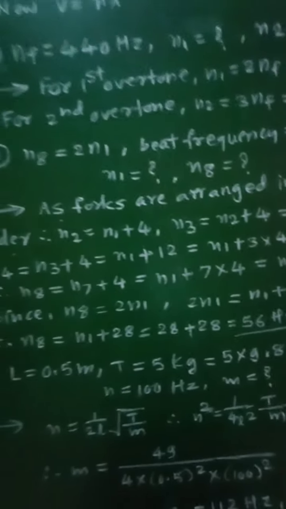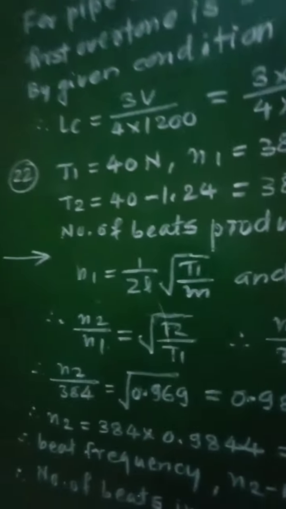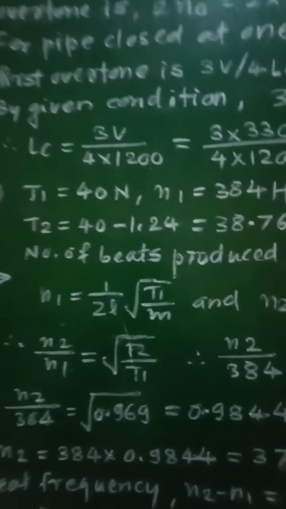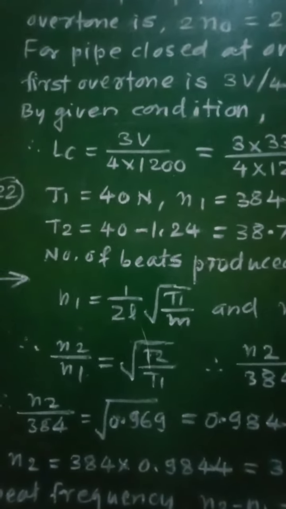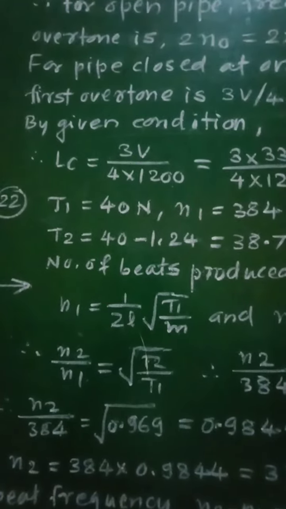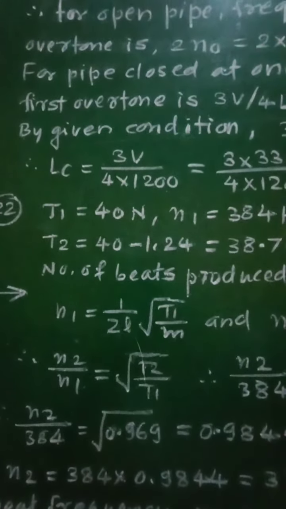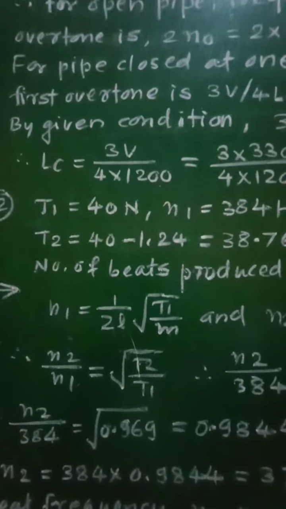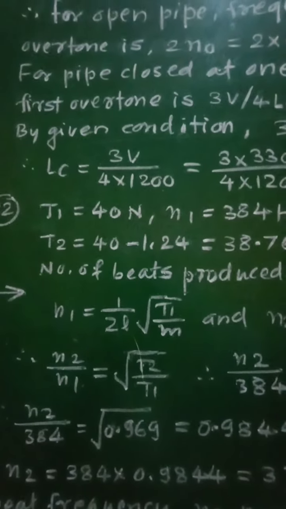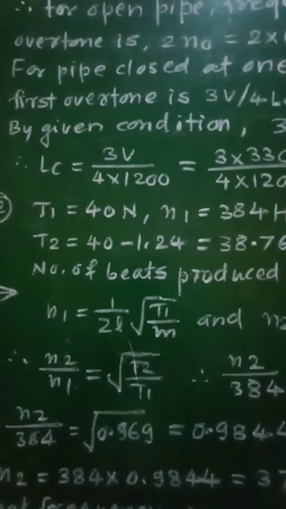And now let us go for next numerical, that is numerical number 22, which is given as a sonometer wire is stretched by tension of 40 Newton.